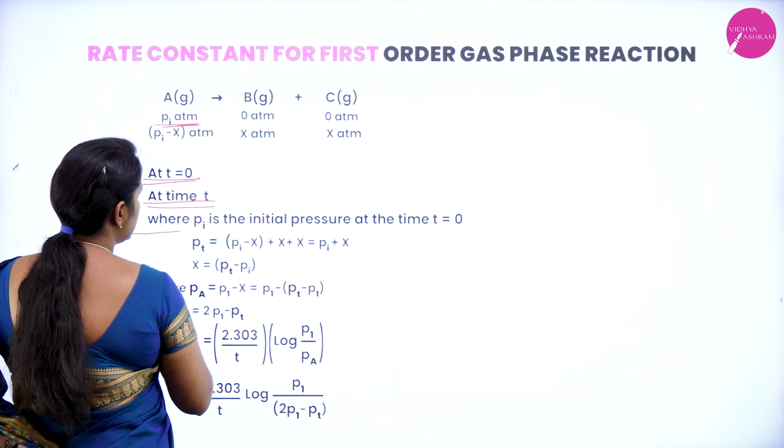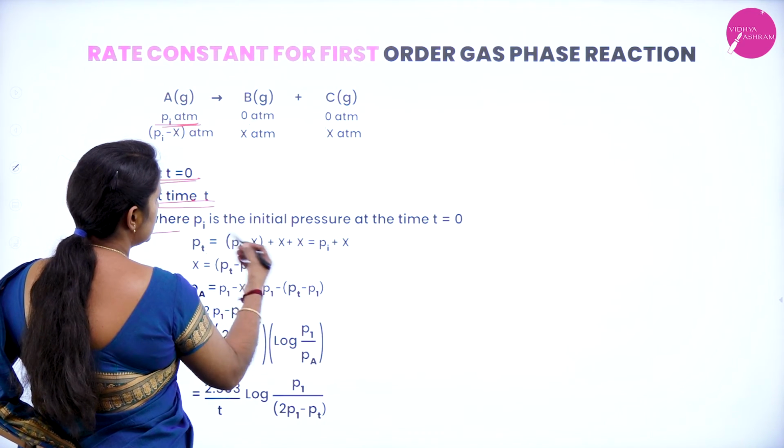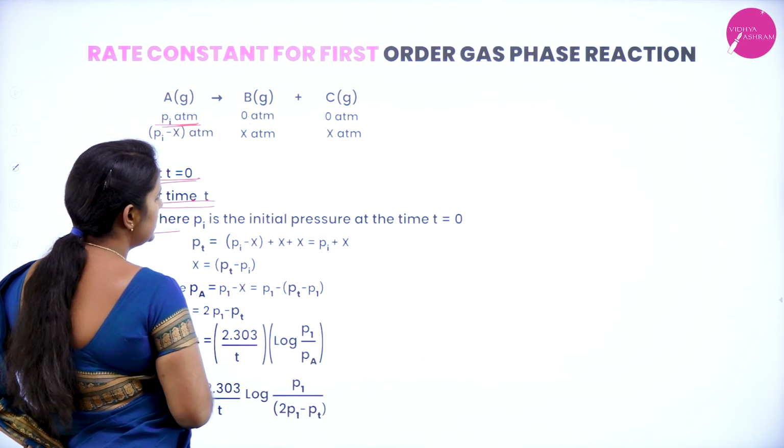Then Pt is equal to Pi minus X plus X plus X, which gives Pt equal to Pi plus X.